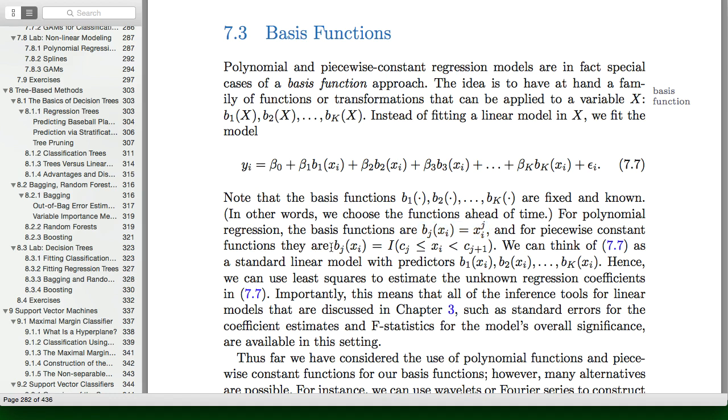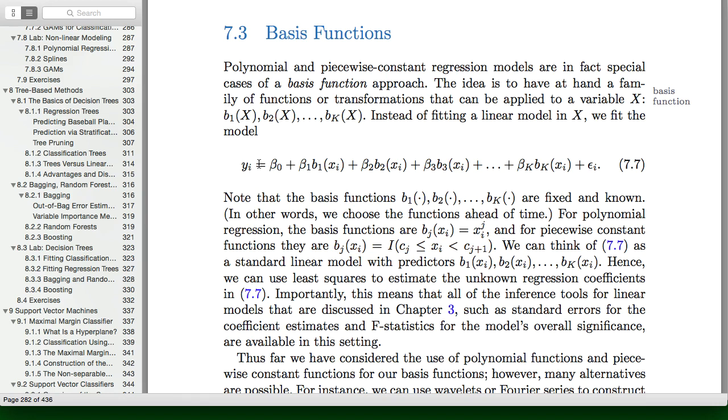And if we think about the step function, the general form is bj of xi is the output of the indicator function: cj is less than or equal to xi, which is less than cj plus 1, where plus 1 means the next category.